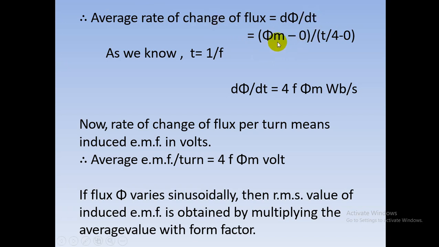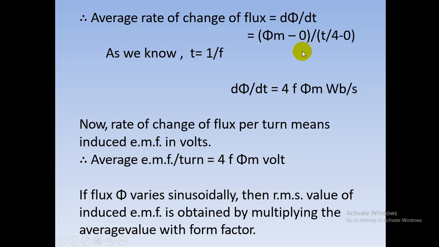When we consider the 1/4 time period of the total time period, we take the values like this. This is the maximum value, the higher point. This is the lower point. So d phi by dt I calculate like this: phi m minus 0 upon T by 4 minus 0. The maximum time is T/4 and the minimum time is 0, and the maximum magnitude is phi m and the minimum magnitude is 0.